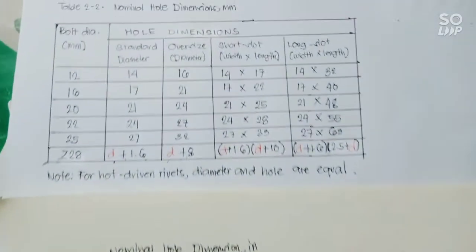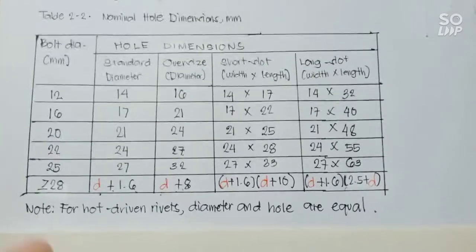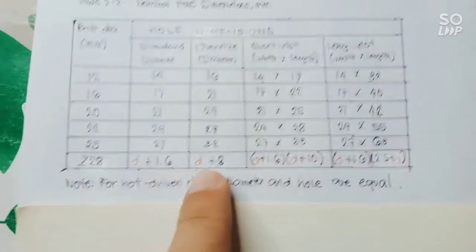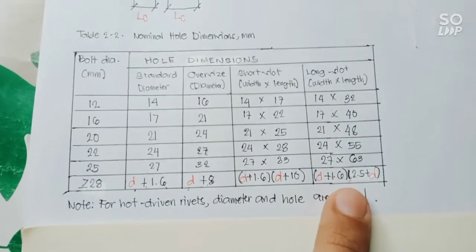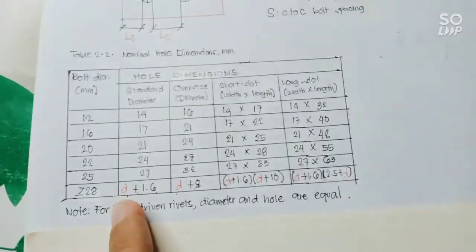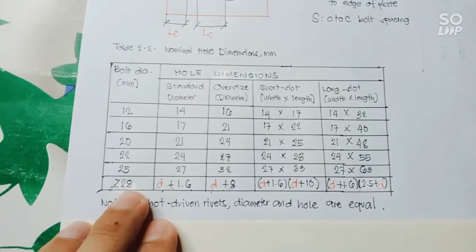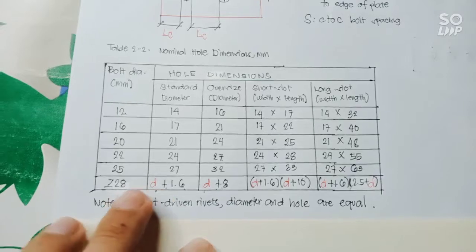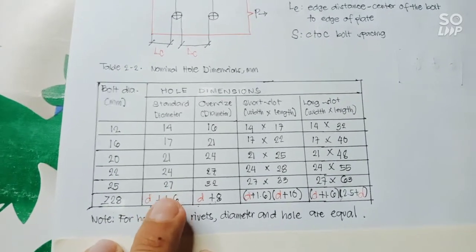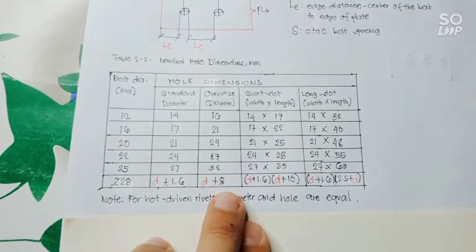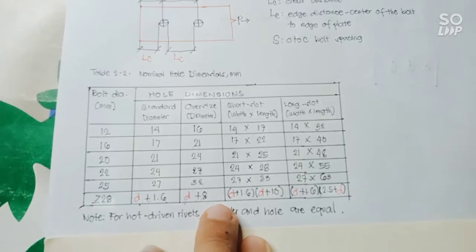For a bolt diameter greater than 28, we have a condition for standard, oversized, short slotted, and long slotted holes. If there is a 28 bolt diameter, we need to add 1.6 for a standard hole, and for oversized, the 28 diameter plus 8, and so on.